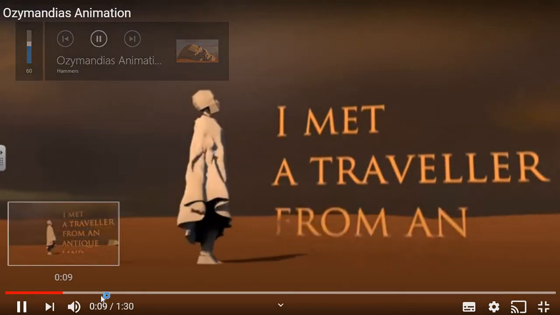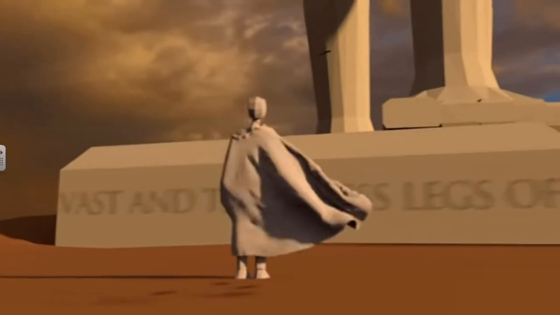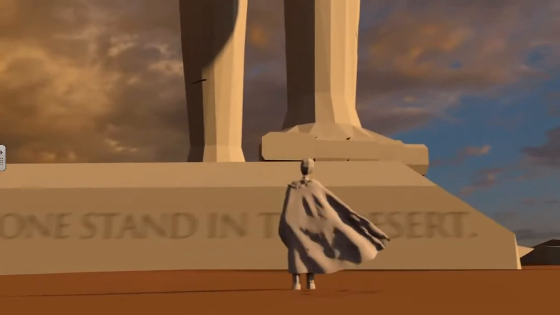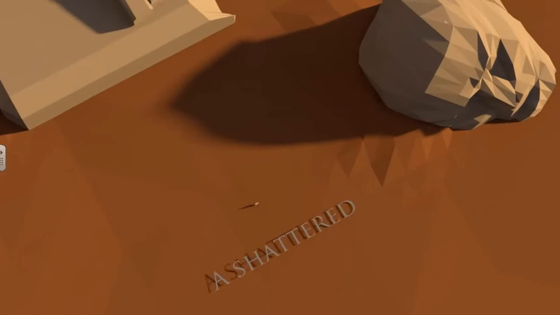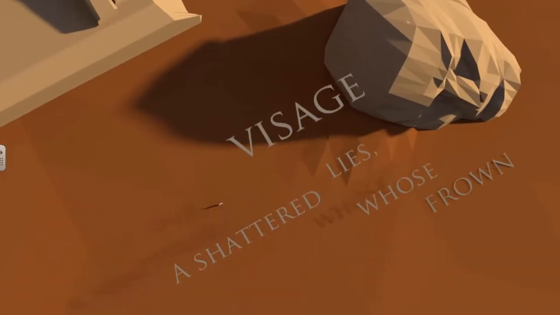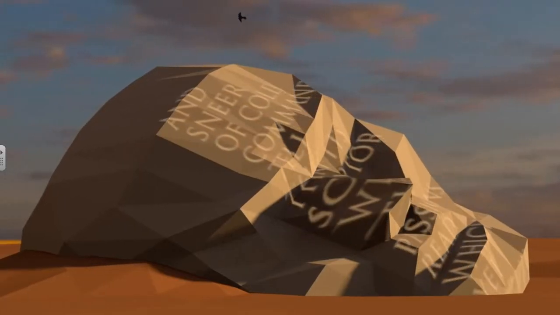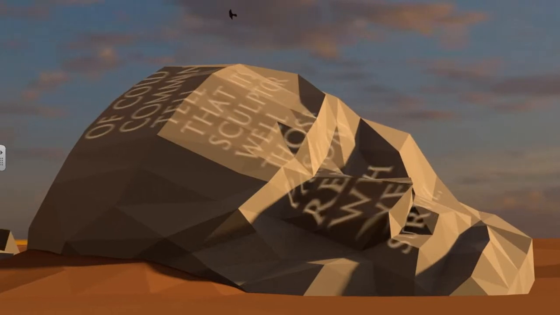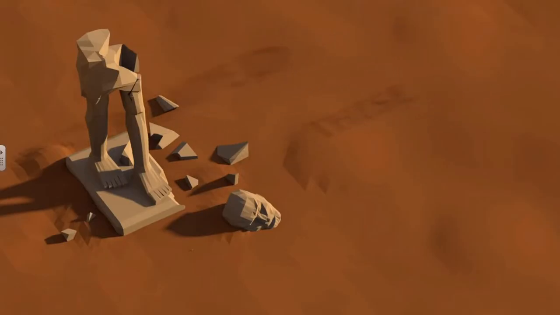I met a traveler from an antique land who said, two vast and trunkless legs of stone stand in the desert. Near them, on the sand, half sunk, a shattered visage lies, whose frown and wrinkled lip and sneer of cold command tell that its sculptor well those passions read which yet survive, stamped on these lifeless things.